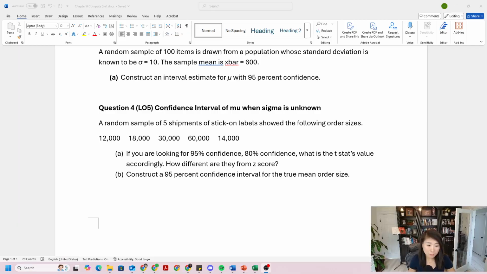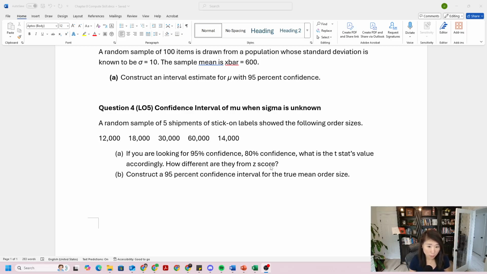A random sample of 5 shipments of stick-on labels showed the following order sizes: 12,000, 18,000, 30,000, 6,000, and 40,000. The first question is related to the differences between the t-stats and the z-stats. If you are looking for 95% confidence or 80% confidence, what is the t-stats value accordingly, and how different are they from the z-score? Question A helps you practice how to get the t-stats.